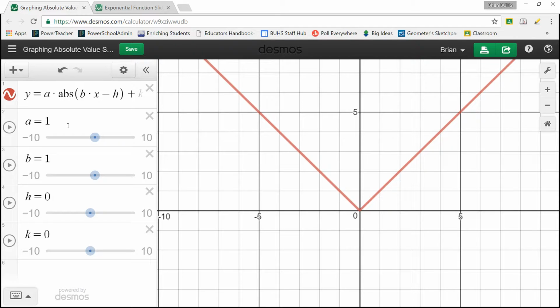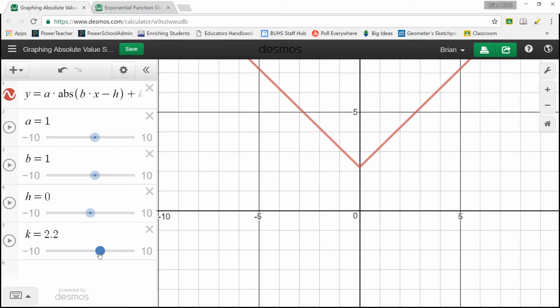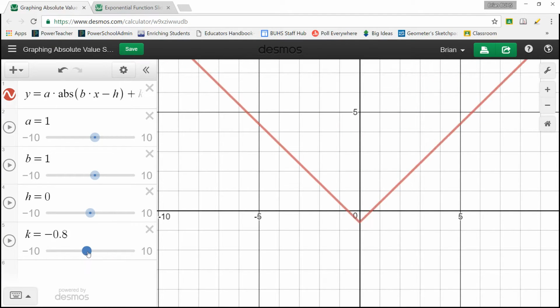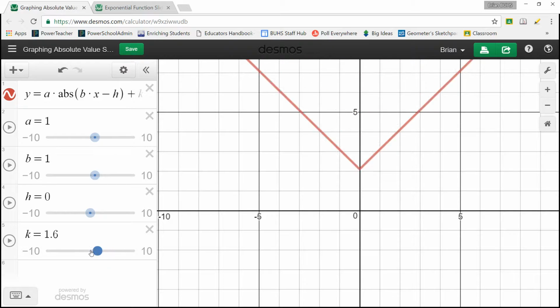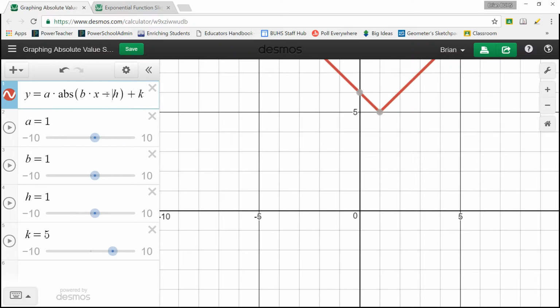So back when we were doing absolute value graphs, remember that when I changed the k value, the number on the outside of the parentheses, it was a vertical shift by that number. So when k is 5, notice, it's up at 5, right? And h, now notice that this I've already got in the minus h form.